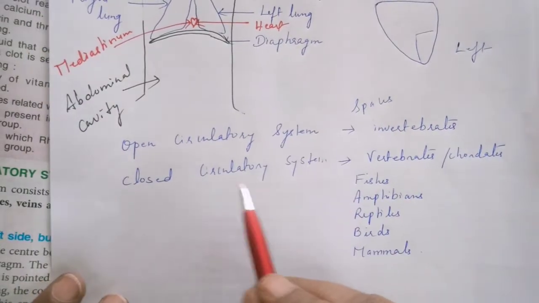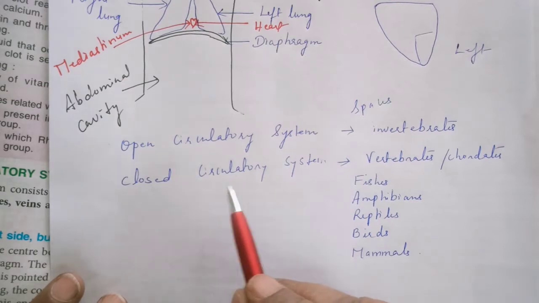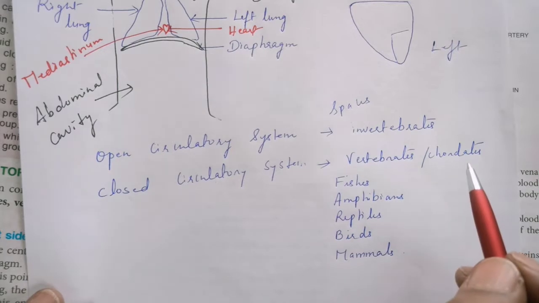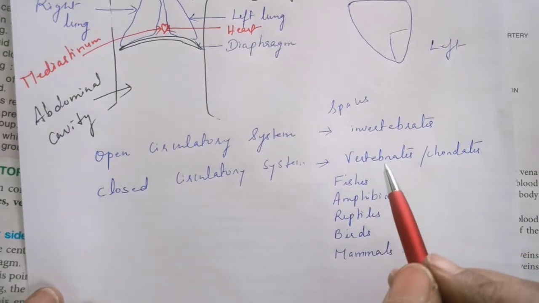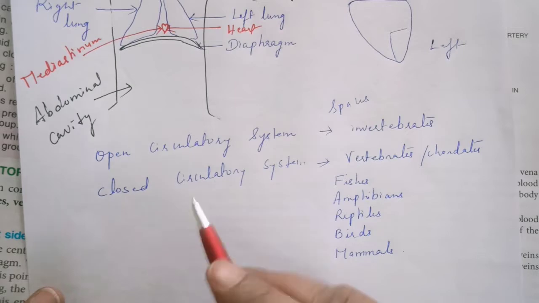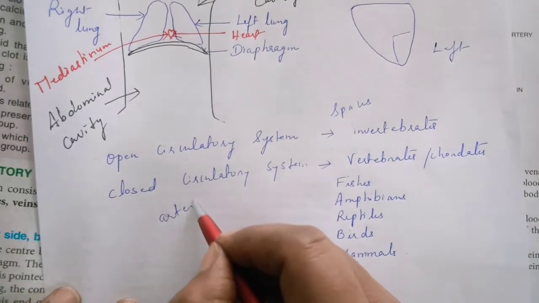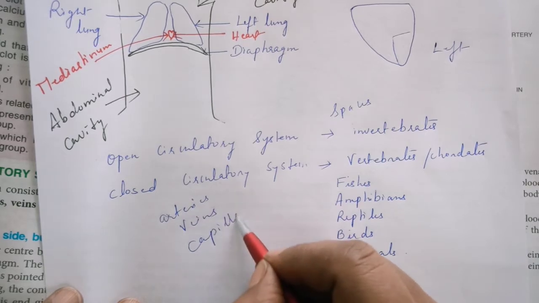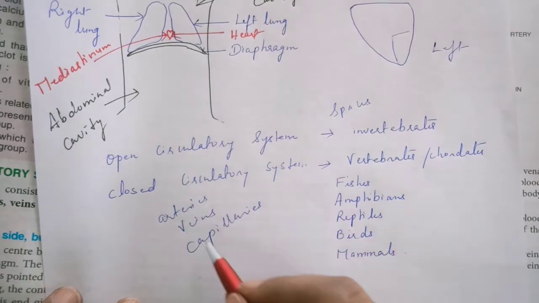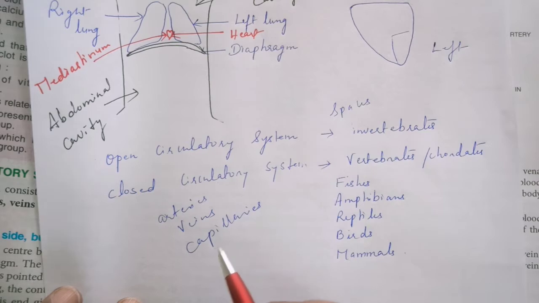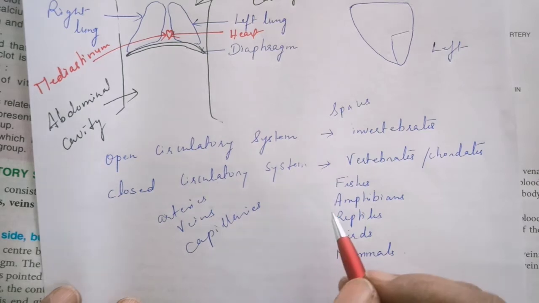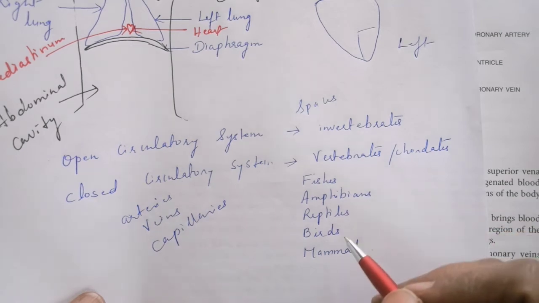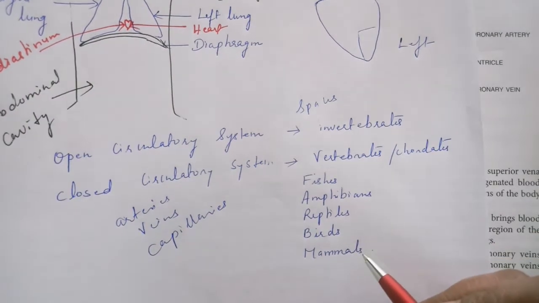The second type is known as the closed circulatory system, which is present in all the vertebrates or the chordates, where we find the blood vessels known as the arteries, the veins and the capillaries. The blood flows through these blood vessels and the heart present inside the body of these chordates. Now what are the chordates? The fishes, the amphibians, reptiles, birds and the mammals.